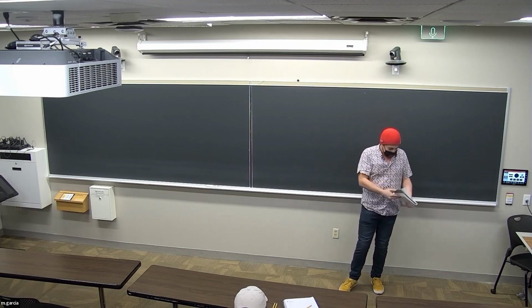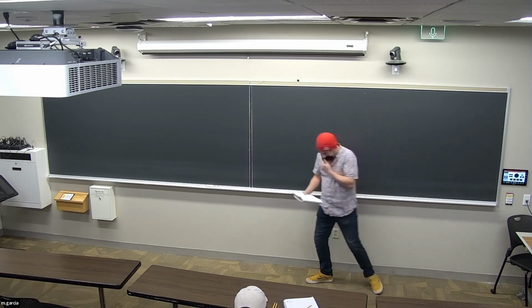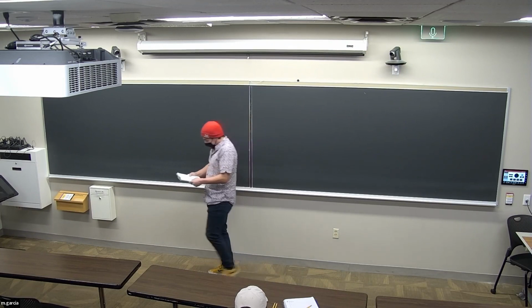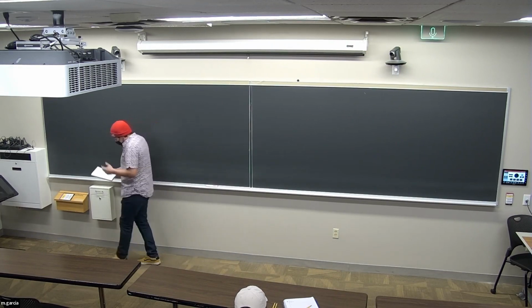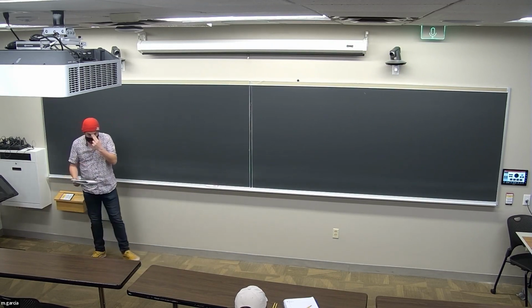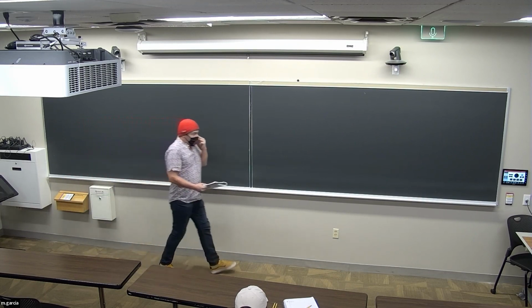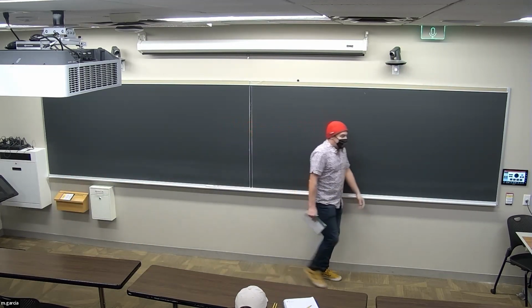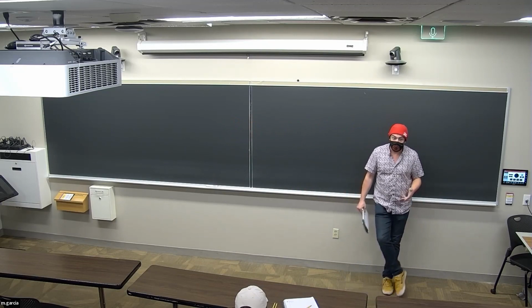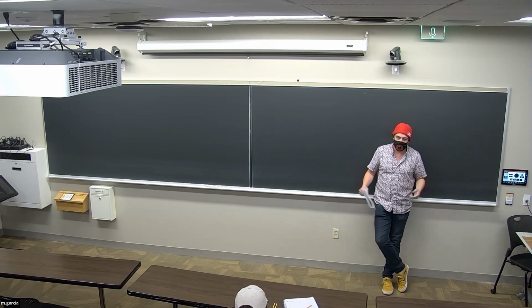Okay, so great. Let's remember where we were last Friday. We skipped over some characterization of poles so we could talk about essential singularities, just to get that out of the way.